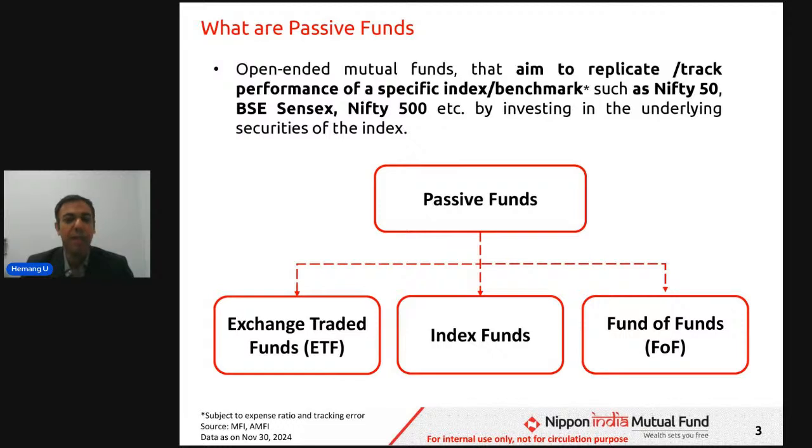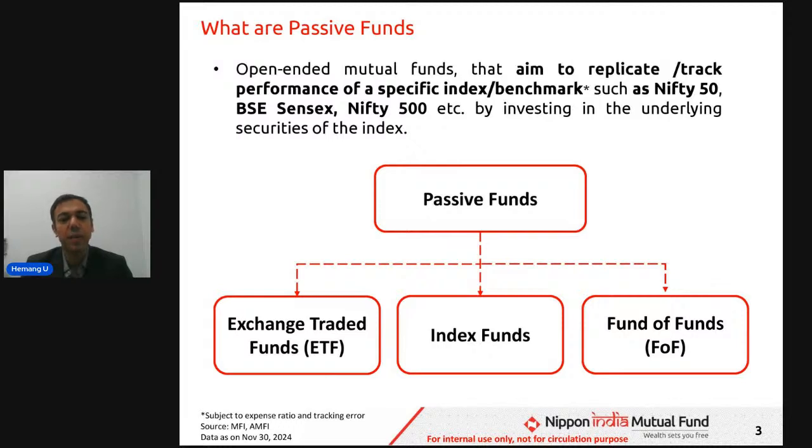For FOF, a fund of funds, in the context of passive itself, they generally invest into an underlying ETF unit. Just to give you an example, there is a gold ETF that is trading on an exchange. An investor who might not have a demat account to purchase those securities can invest into a FOF, like a gold FOF or a silver FOF.